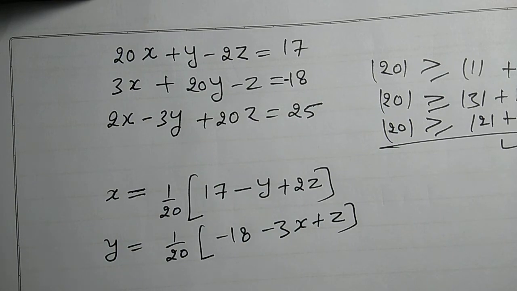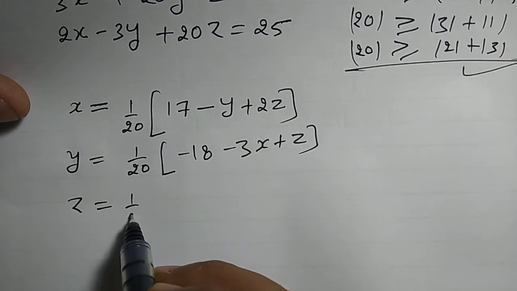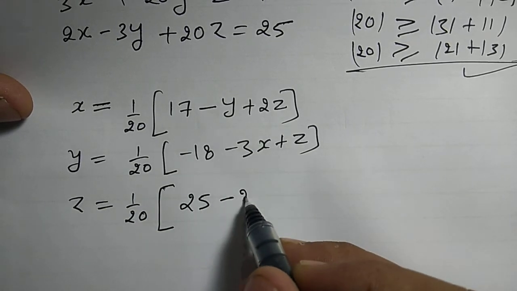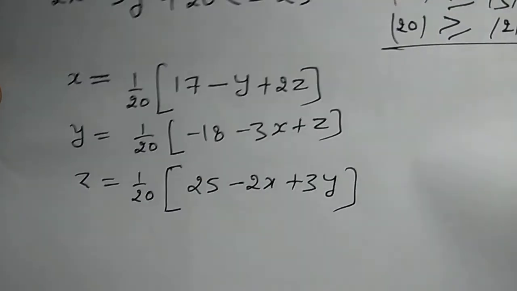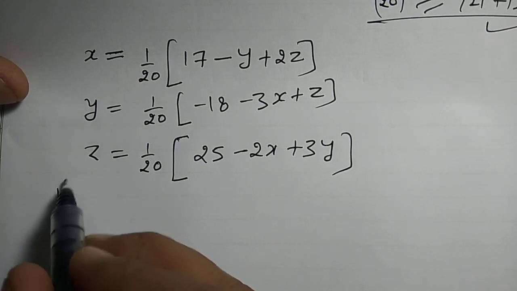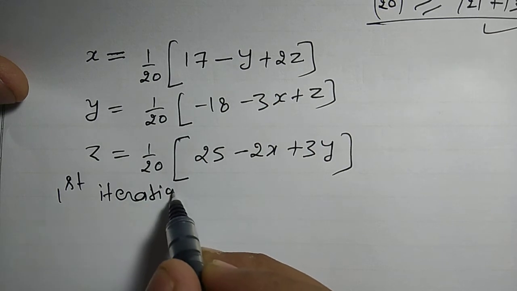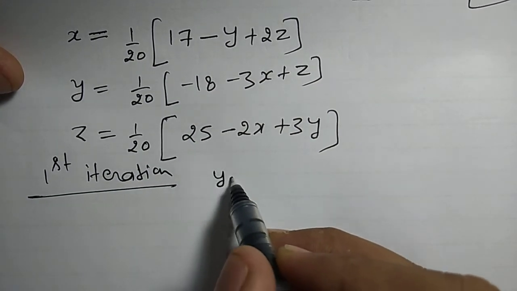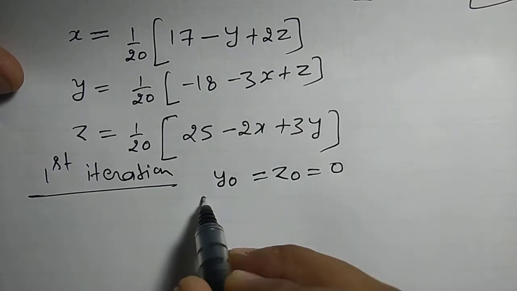And from the third equation, z equals 1/20 times (25 minus 2x plus 3y). So we start with the first iteration, with the initial values y0 and z0 equal to 0.